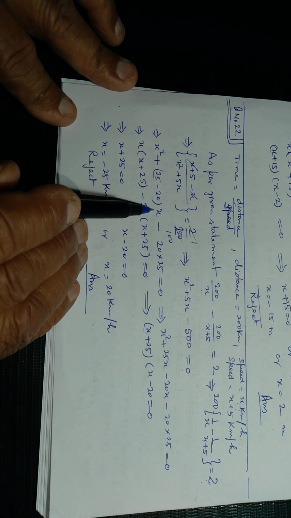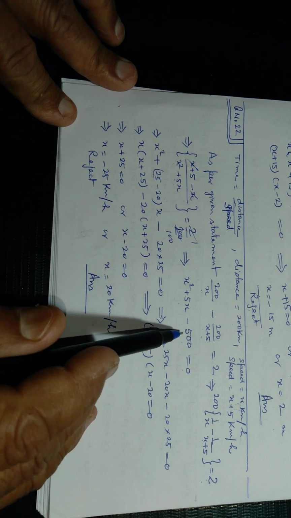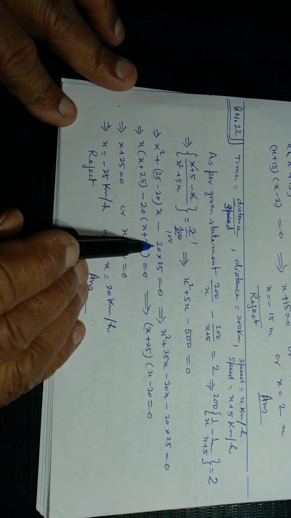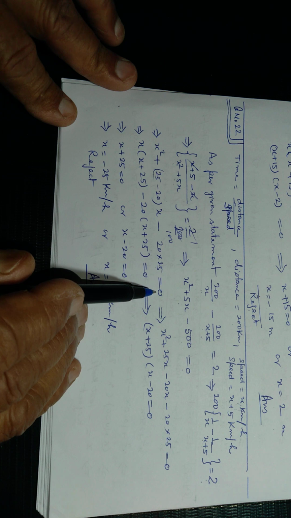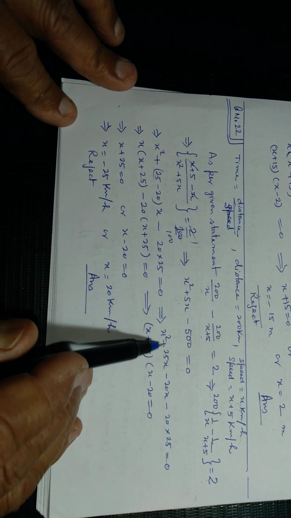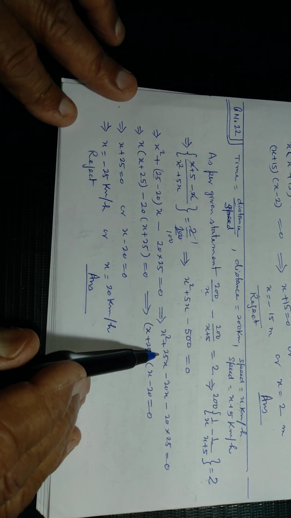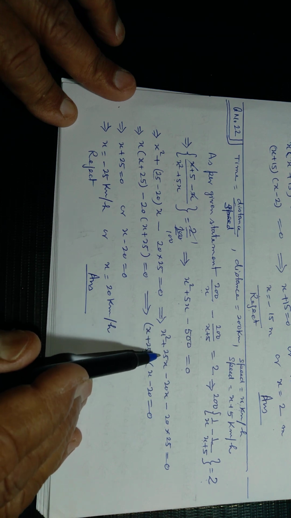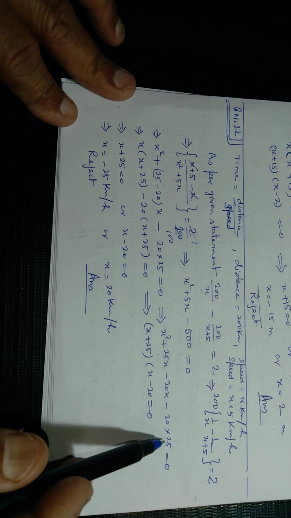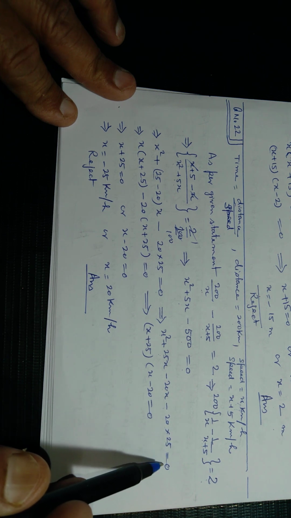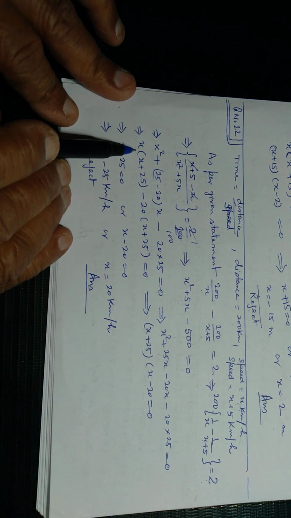Bracket closed, x minus, I have written 500 in this way, 20 into 25, equal to 0. So x square plus 25x minus 20x minus 20 into 25 equal to 0. Take out common.